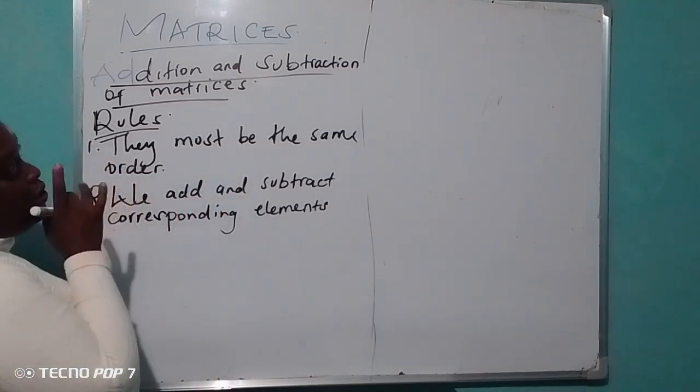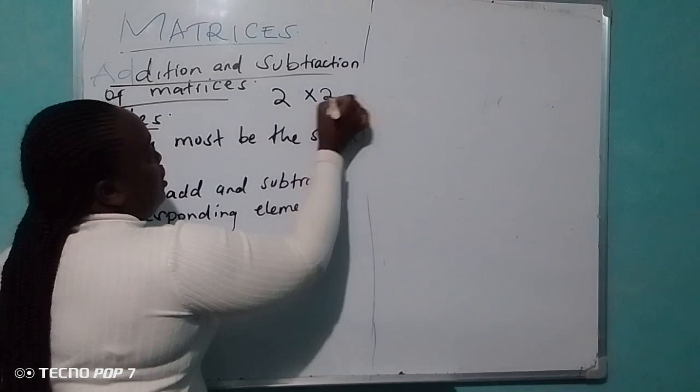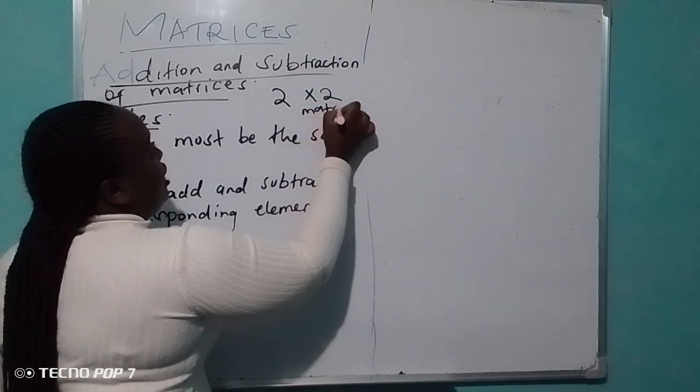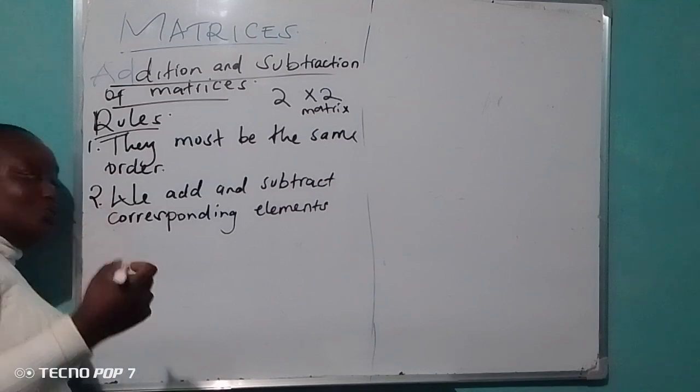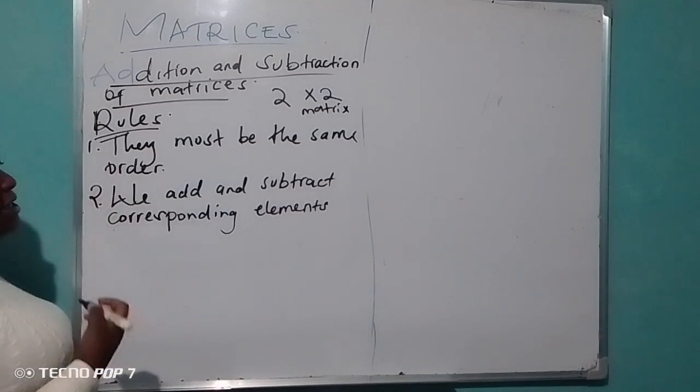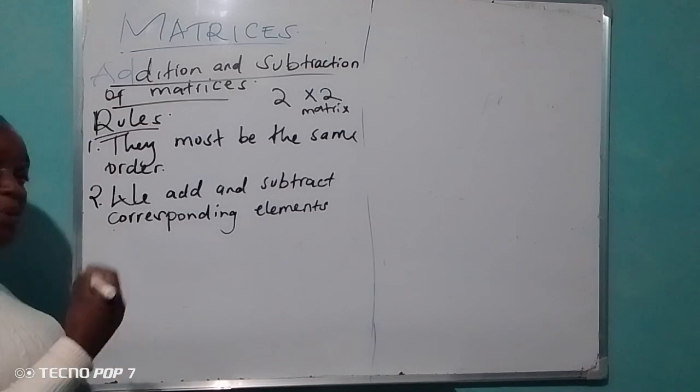Adding and subtracting of matrices. In this case, we say a 2 by 2 matrix, or matrices of order 2 by 2. So we add and subtract corresponding elements. So we know what elements are.